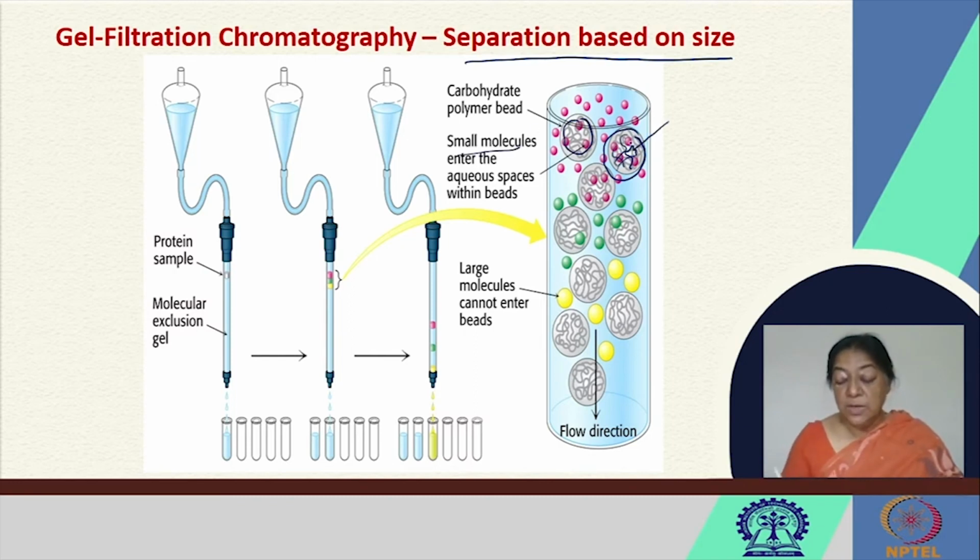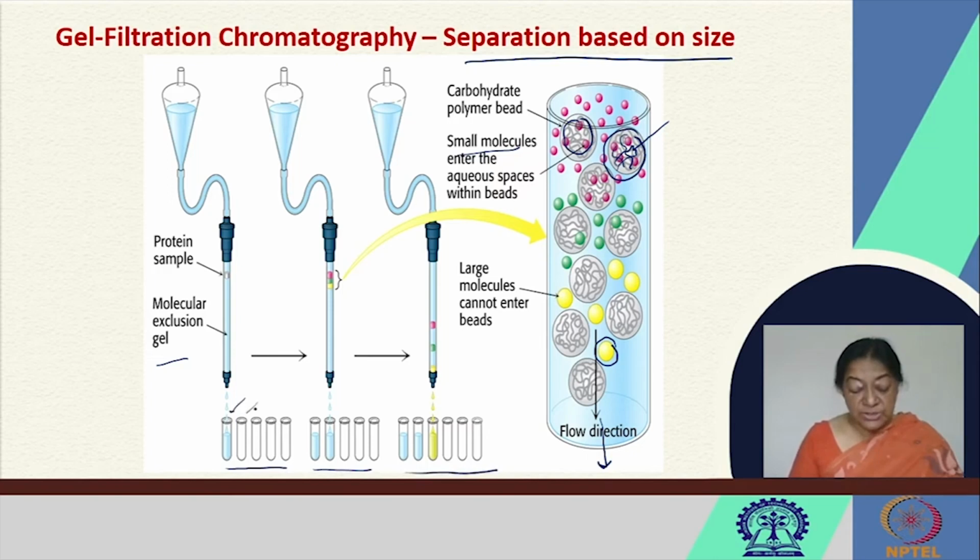The medium-sized molecules will partially enter the network, while the larger molecules cannot enter the beads and are removed first. So we have our protein sample, a molecular exclusion gel, and these are the fractions that we collect.